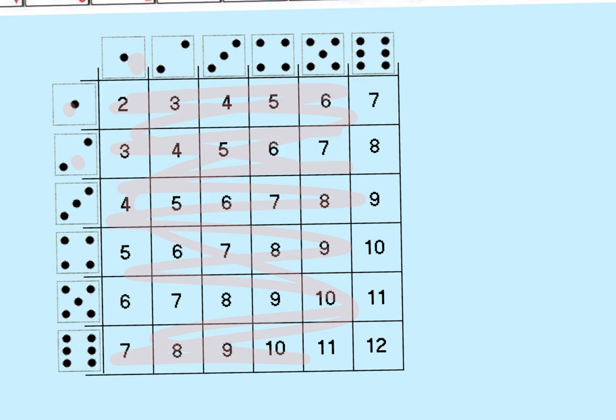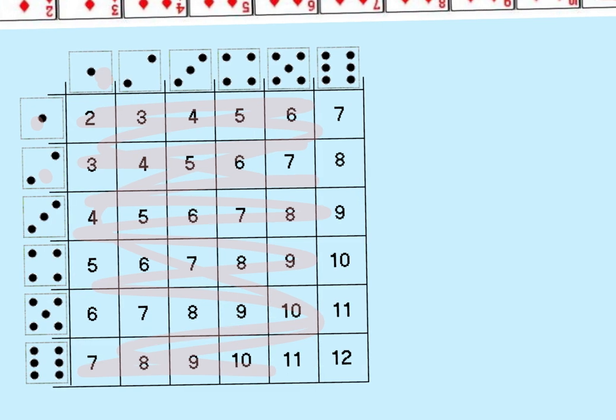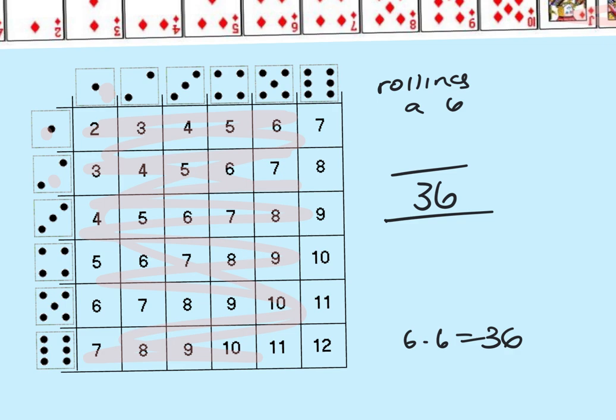If it said rolling a 6, what's your overall sample space? If you roll 1 die, it's how many? 6. If you roll it again, it's how many? 6. So how many different outcomes are there? 36 if you roll it twice.